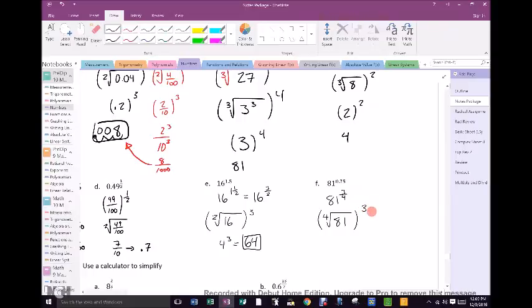What's the fourth root of 81? 3. 3 to the third, which is 27. Can everybody deal with fractional exponents? And it's always the same. Is everybody good? Okay.